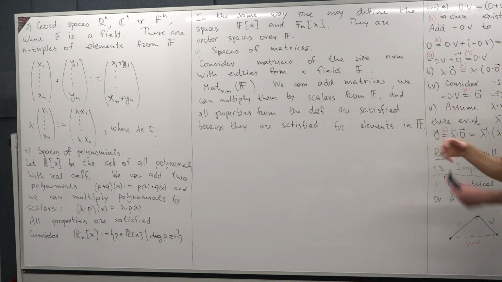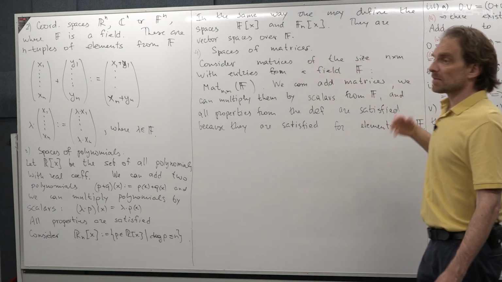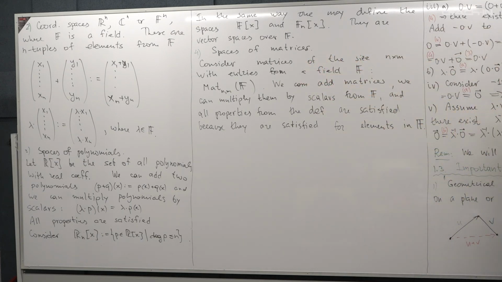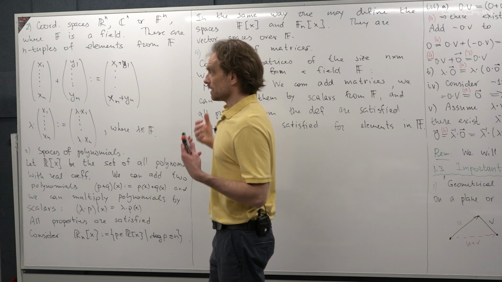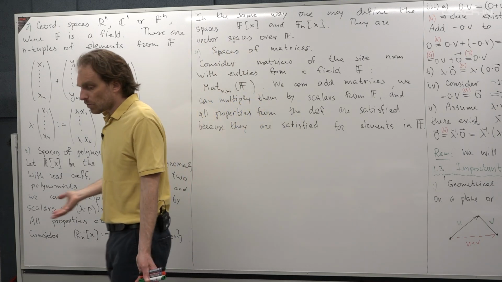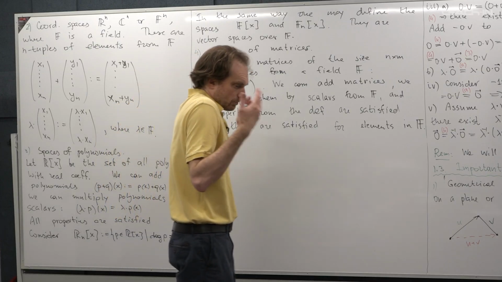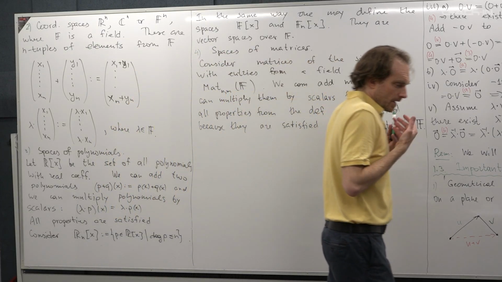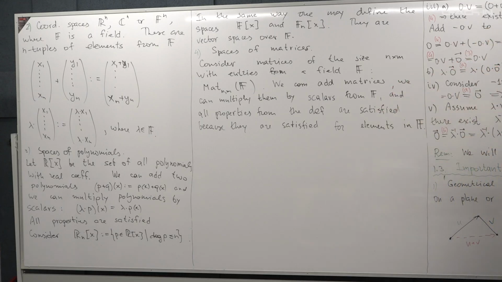In example number 4, we consider matrices as vectors. So the element of this vector space is a matrix, and we work with matrices as with vectors.